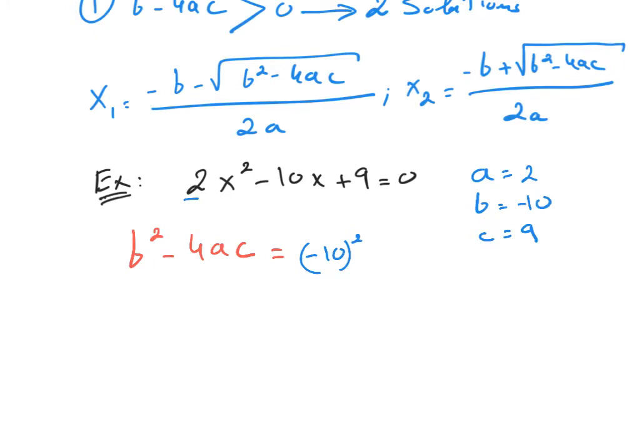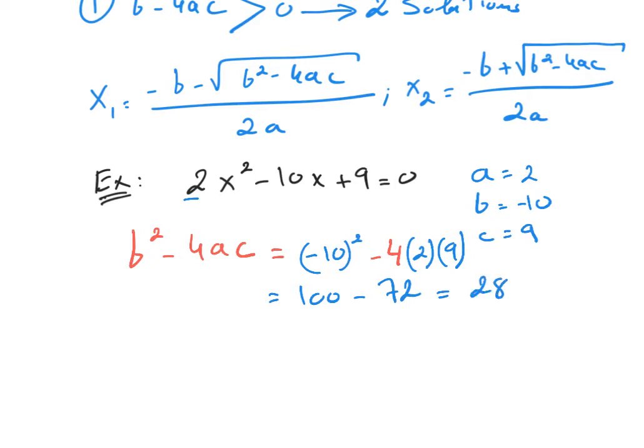Remember, this 4 is from the formula, and a will be 2, and c will be 9. So that's going to be 100 minus 4 times 2, which is 8. 8 times 9 is 72, and 100 minus 72 will be 28.